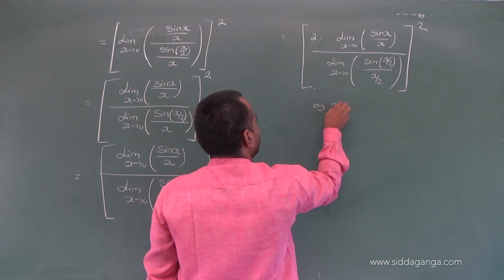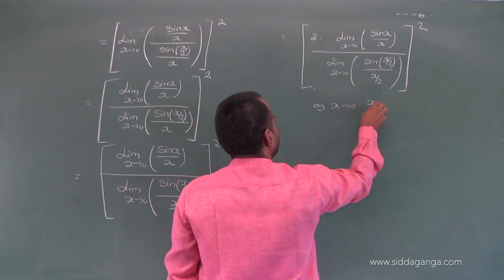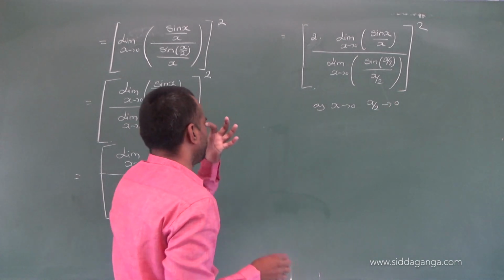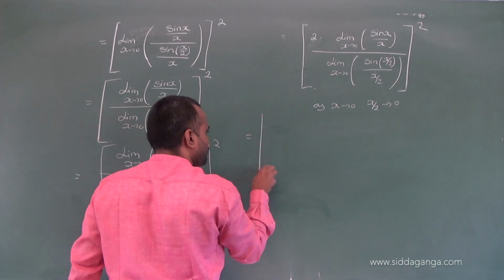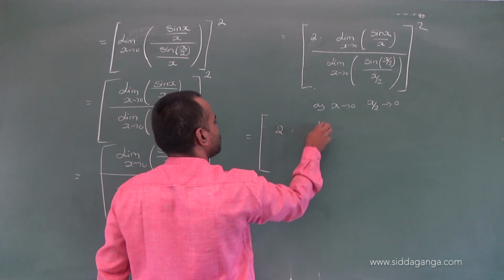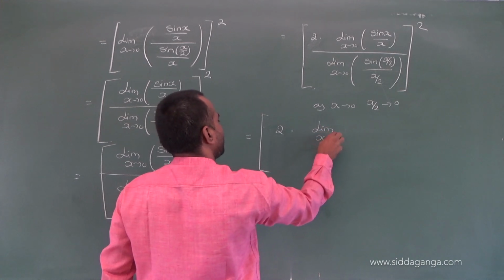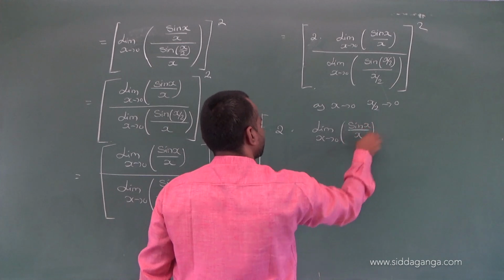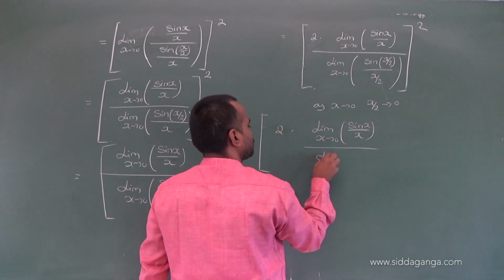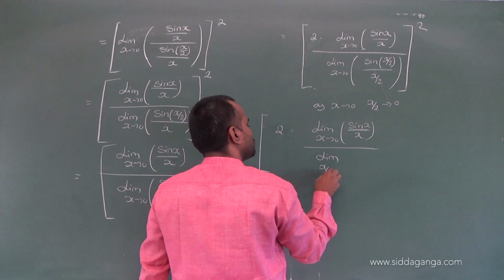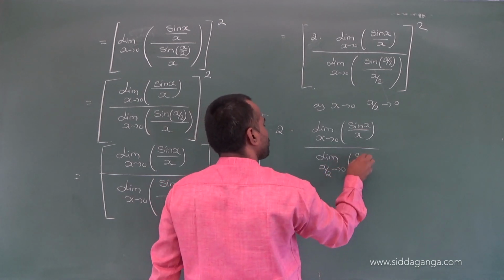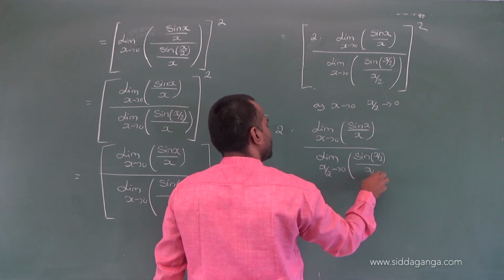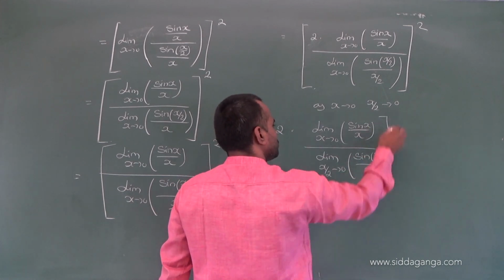As x tends to 0, x by 2 also tends to 0. 0 by 2 is also 0. So 2 into limit x tends to 0 (sin x by x) whole divided by limit x by 2 tends to 0 of (sin x by 2 over x by 2) whole square.